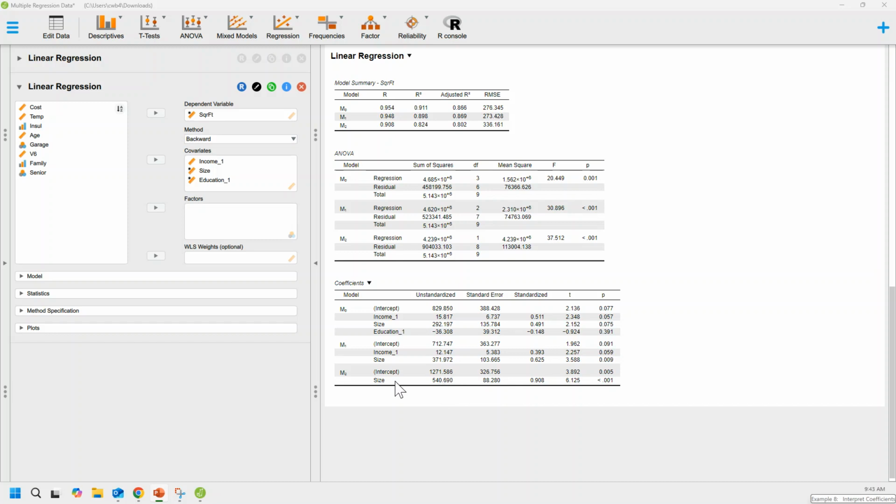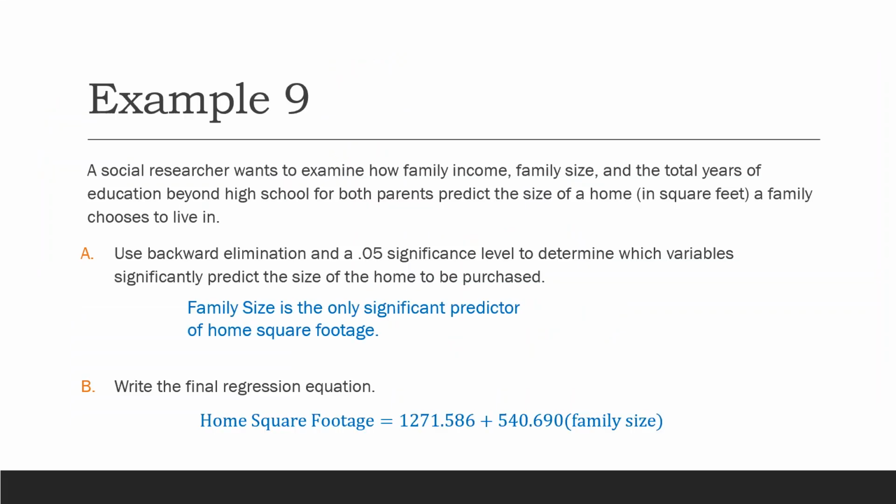That means if I increase my family size by one individual, I expect the square footage of my home to increase by 540.69. All right, so my regression equation is given here. Home square footage equals 1271.586 plus 540.690 times family size.